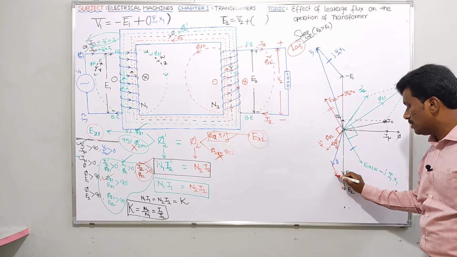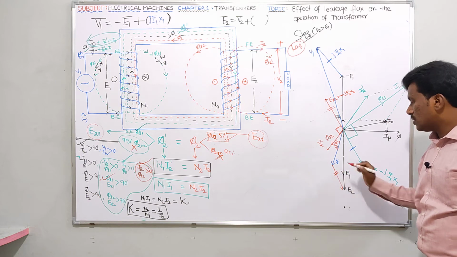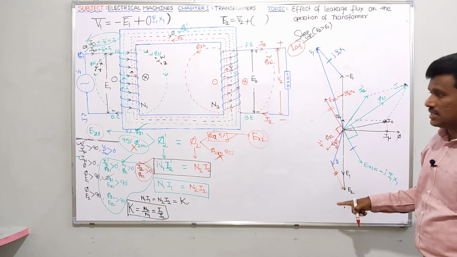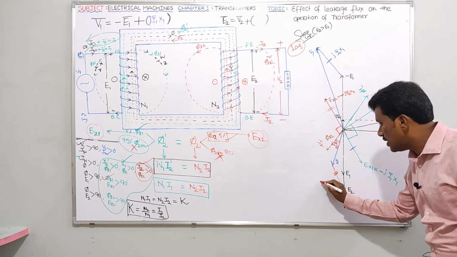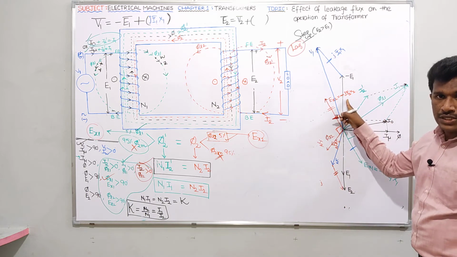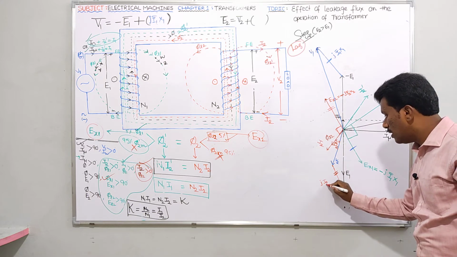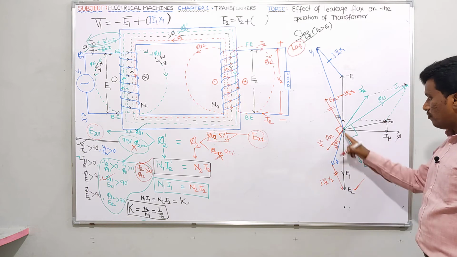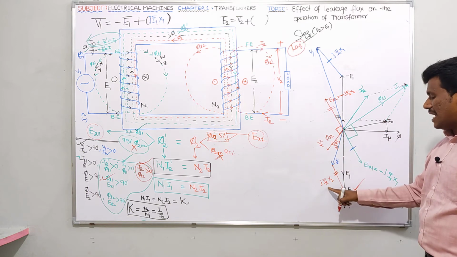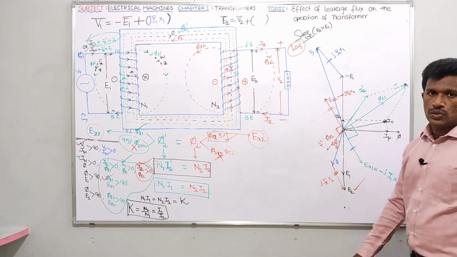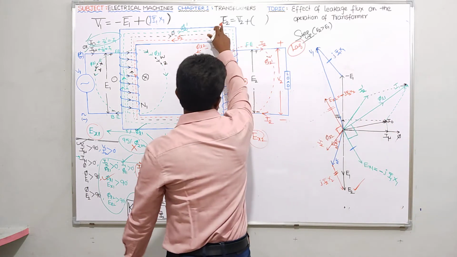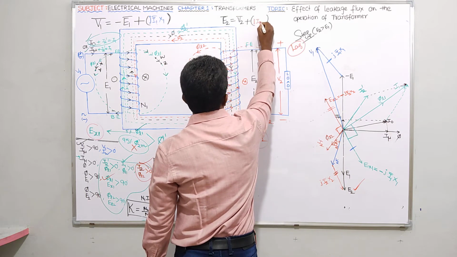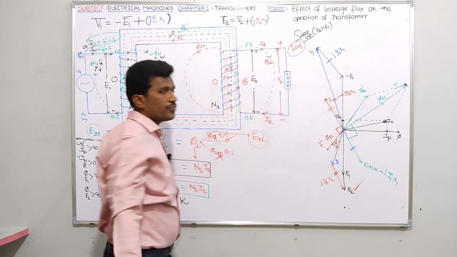So I am indicating same symbol, two lines here, same magnitude. Since this vector and this vector are 180 degrees apart, minus j becomes plus j. Same magnitude, therefore I2 bar x2. So you'll get E2 vector equals V2 bar plus j I2 x2. Let me write here E2 bar equals V2 bar plus j I2 bar x2.